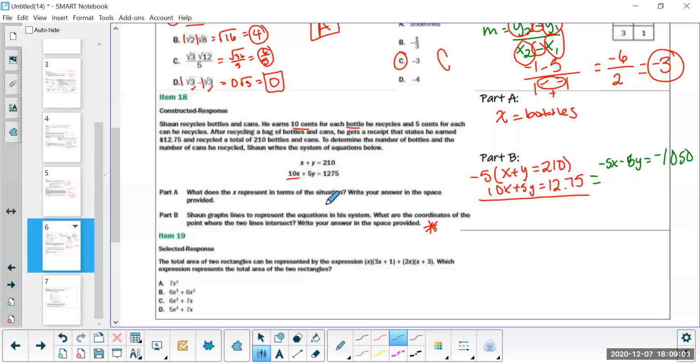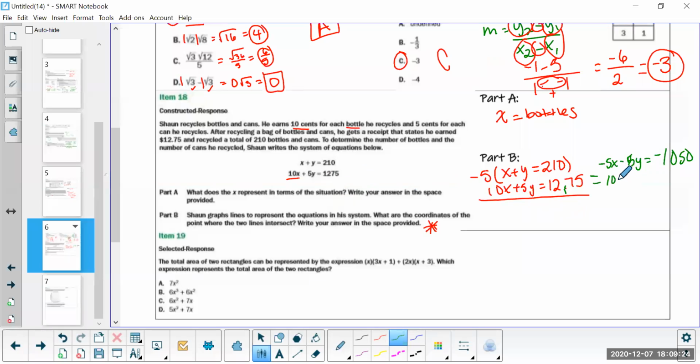And I did notice that this is supposed to be 1275. All right. So for whatever reason, he didn't want the decimals here. So we've got 1275, which is 12.75 times 100, so we are going to bring this over.